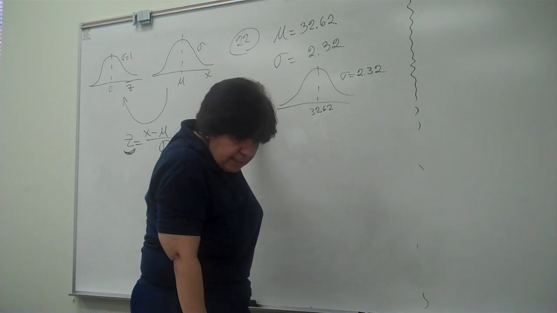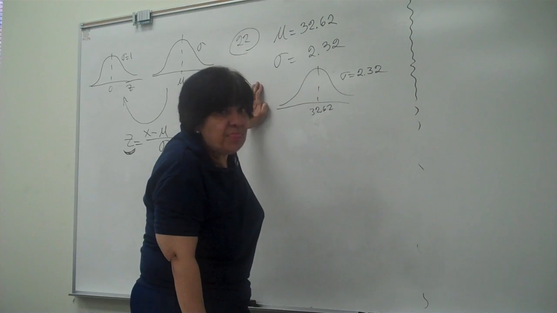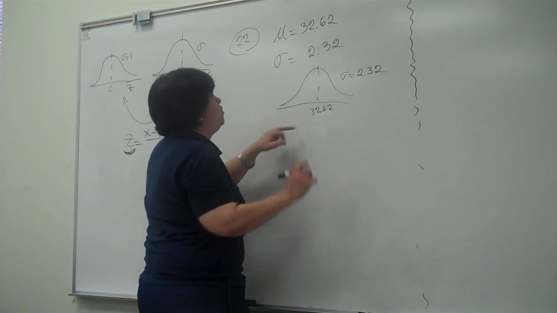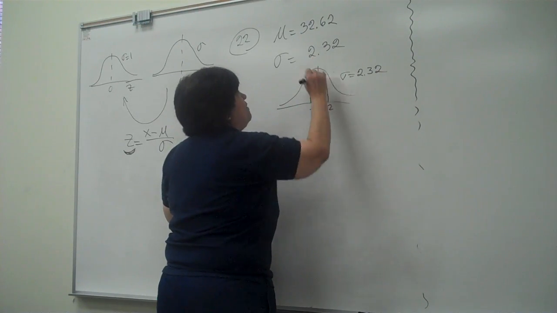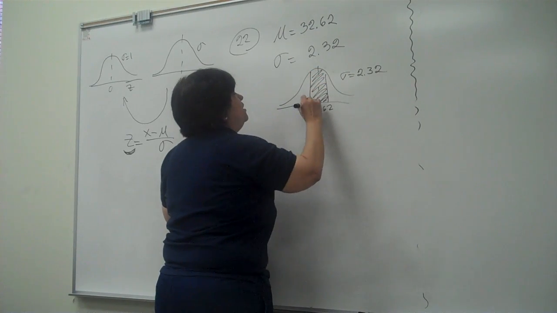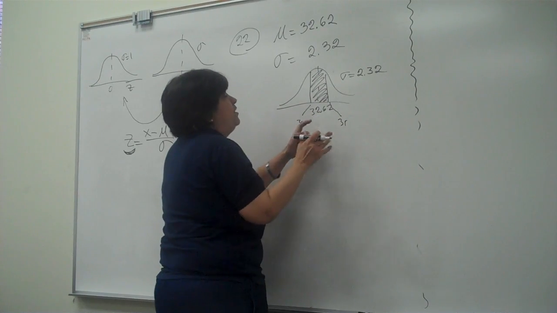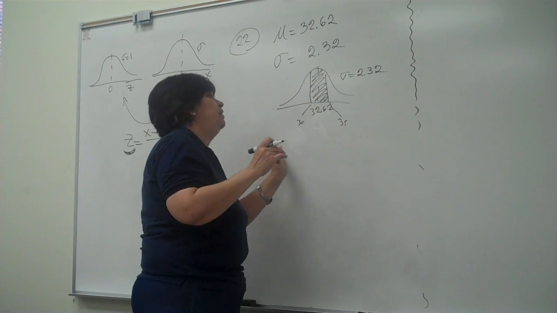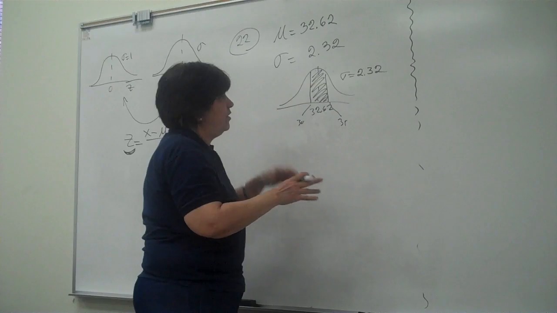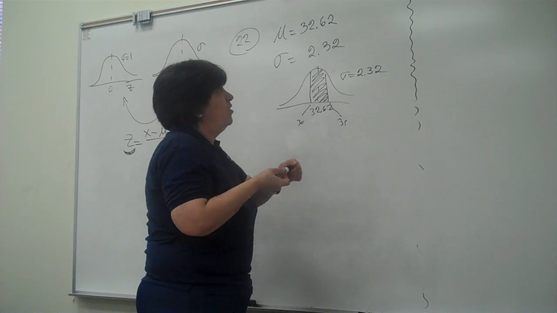What is the probability a financial manager earns between 30 and 35? Between 30 and 35. This is 30, this is 35. Because the mean is 32, so 30 has to be in the left side and 35 in the right side. Okay?